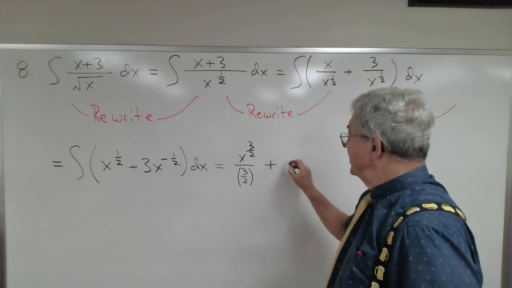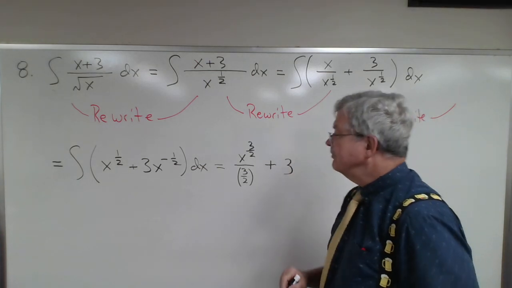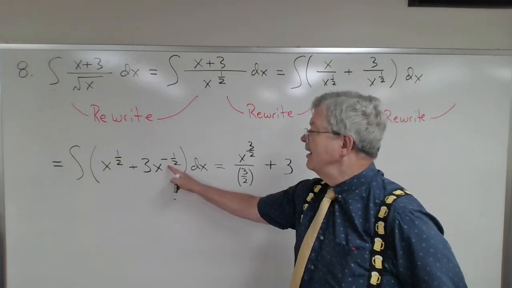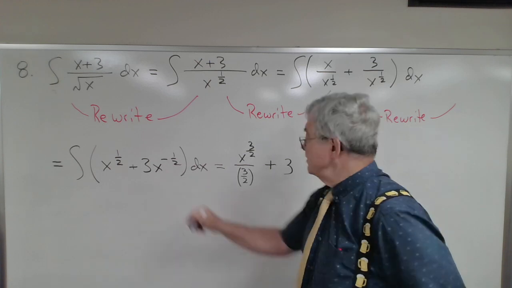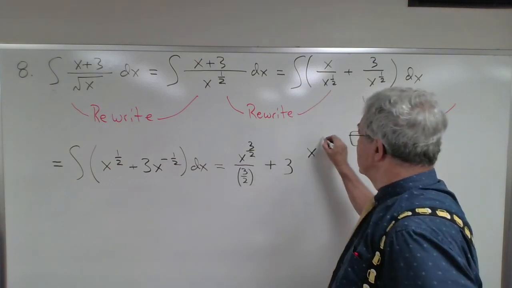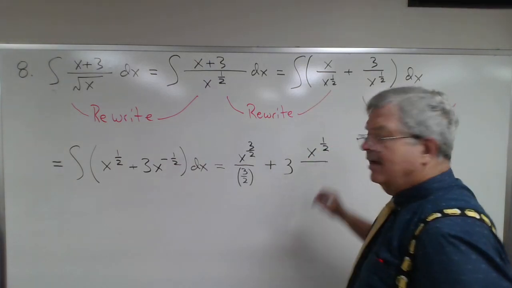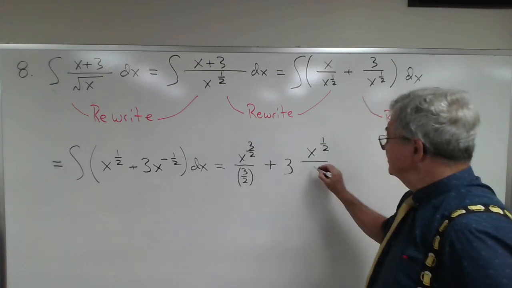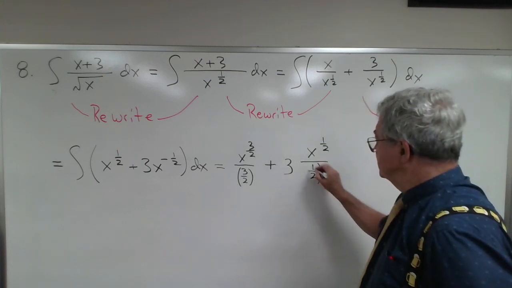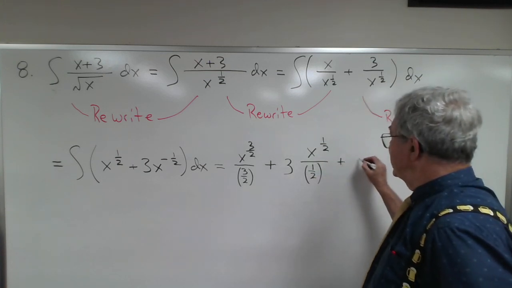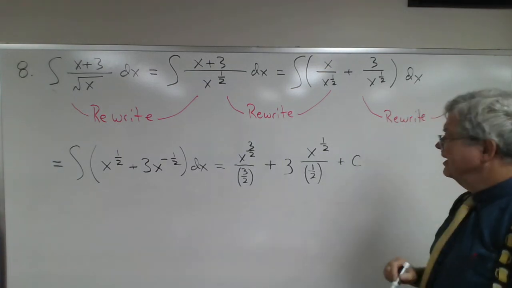Second term, write the constant down. Add 1 to the exponent. Divide by the new exponent. And add that plus c.